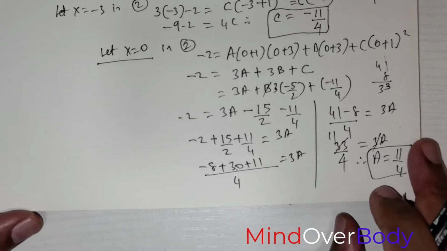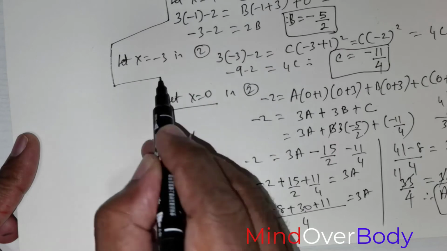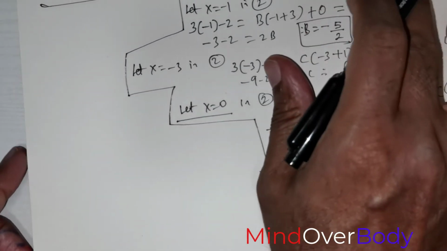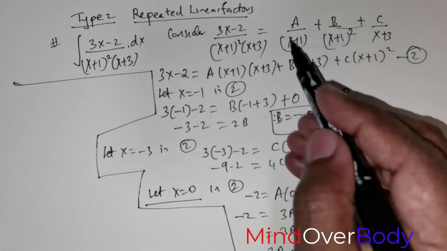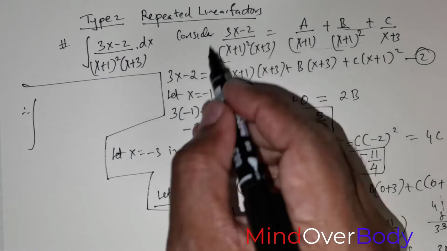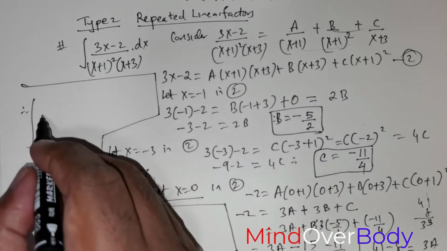So I've got A, I've got B, I've got C. Let me just use this space over here. I need to use the values of A, B, C here. So therefore, in the integral, instead of this I'm going to place the values for A, B, C and the respective denominators.